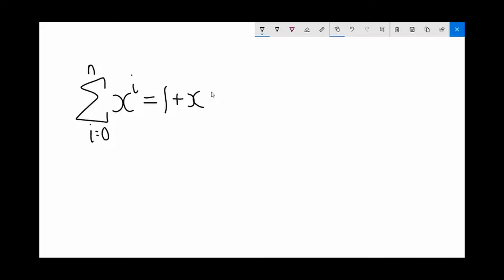And then i equals 2 will be x squared. And this goes all the way up to x to the power of n. So this is a bit different to the last question, as we won't get a definite quantitative answer, as we have an unknown number of terms and this unknown number x.